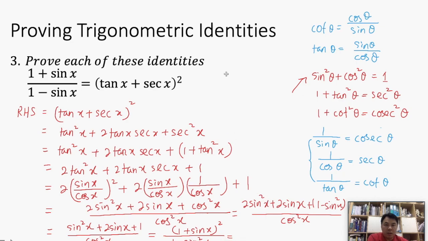And then by using that identity, a square minus b square is equal to a minus b, a plus b, we are going to apply this onto the denominator. So therefore we can cancel off the 1 plus sine x. Therefore we are only left with 1 plus sine x over 1 minus sine x.